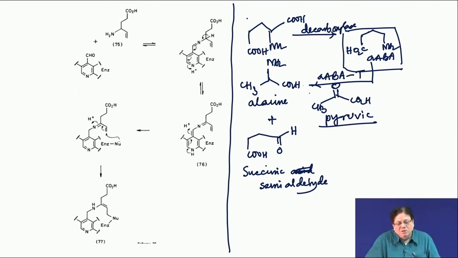Okay. So, the first one will not work, like L-tyrosine. If you give L-tyrosine, you are not going to get any high concentration of dopamine, because tyrosine is a part of the protein amino acid. So, its major function will be to be utilized in the formation of the protein.